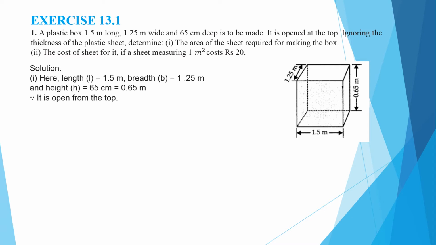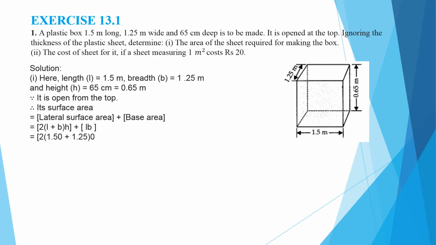Now it is open from the top, therefore its surface area can be identified by using the formula lateral surface area, means all four walls, plus the base area. And lateral surface area is 2 times (L plus B) into H, plus L into B. Now substitute all those values. So 2 times (1.5 plus 1.25) into 0.65 plus 1.5 into 1.25.